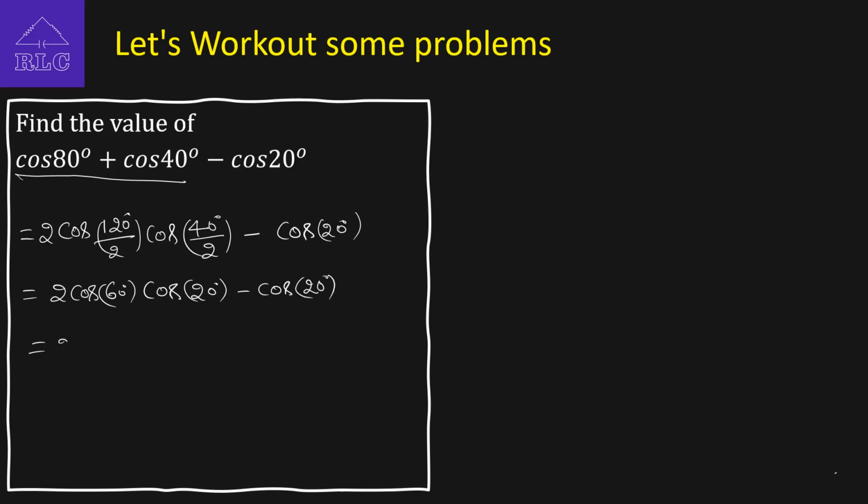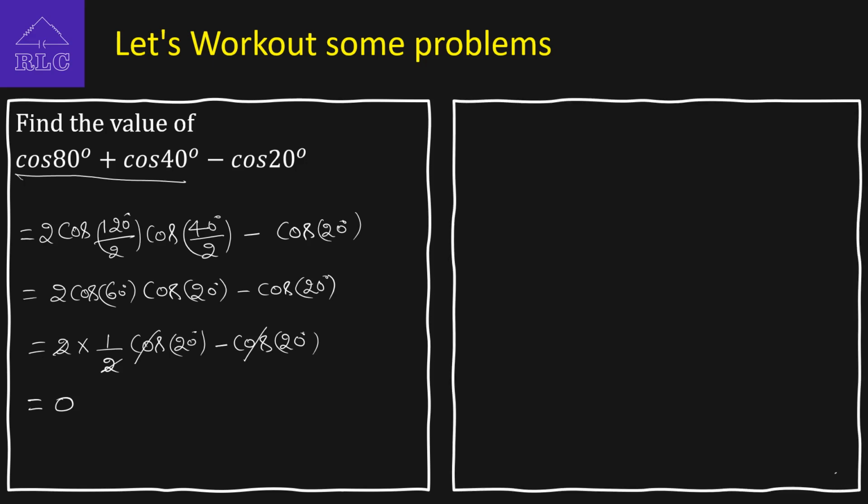That gives 2 into cos 60, which is 1/2, times cos 20 degrees minus cos 20. The 2 gets cancelled, cos 20 and cos 20 cancel, and the answer is 0.